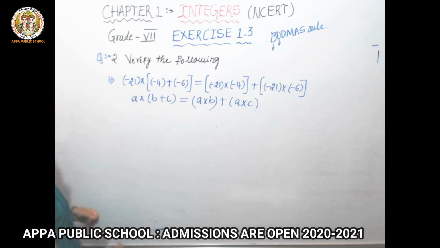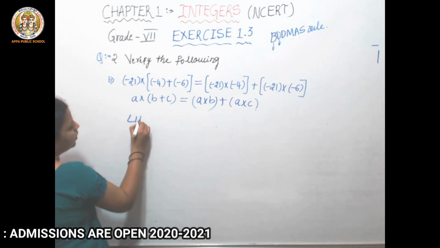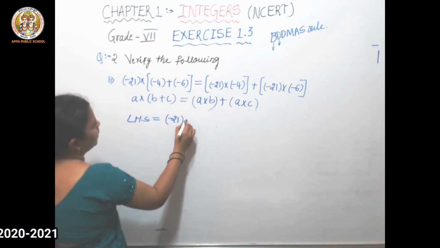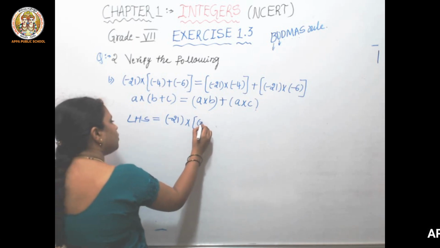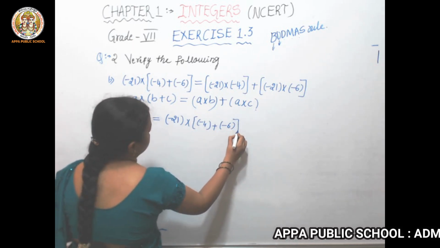Now we'll consider the first as the LHS part. LHS is minus 21 into (minus 4 plus minus 6).